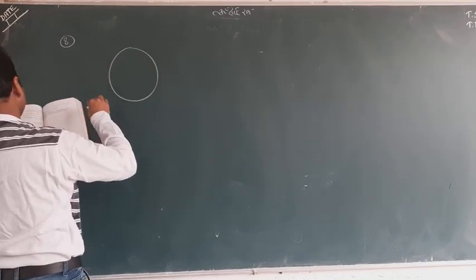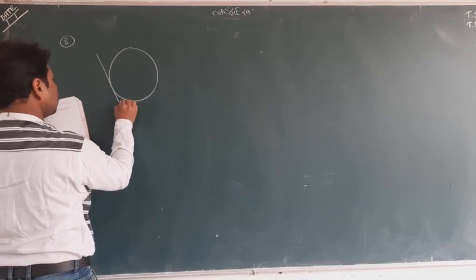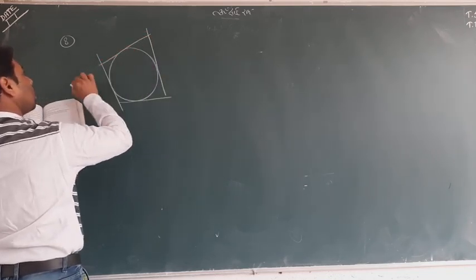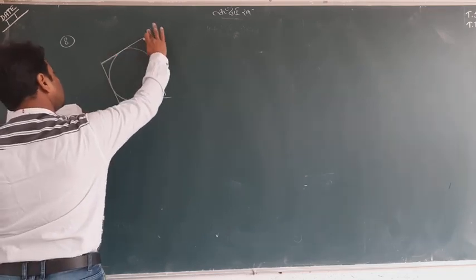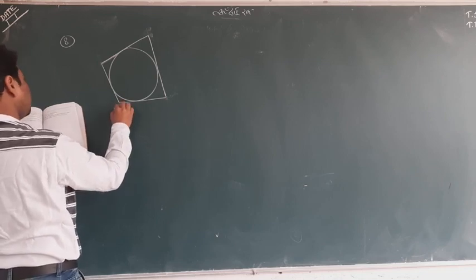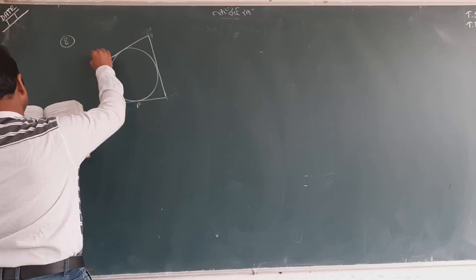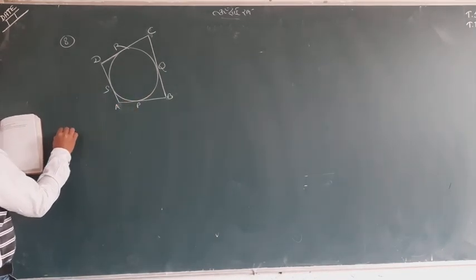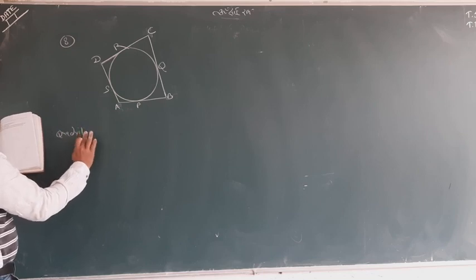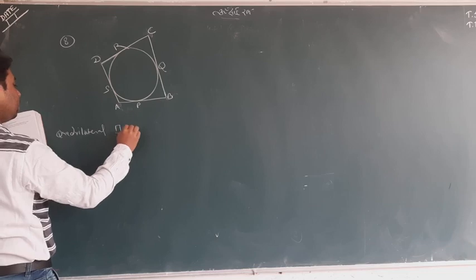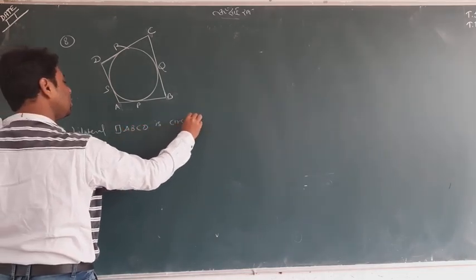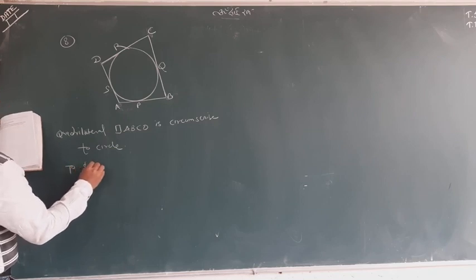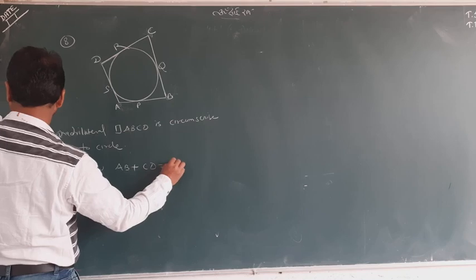The picture is just like that. This is the picture, and this is A, P, S, D, R, C, Q, and B. The question says a quadrilateral ABCD is circumscribed to a circle, to show AB plus CD equal to AD plus BC.